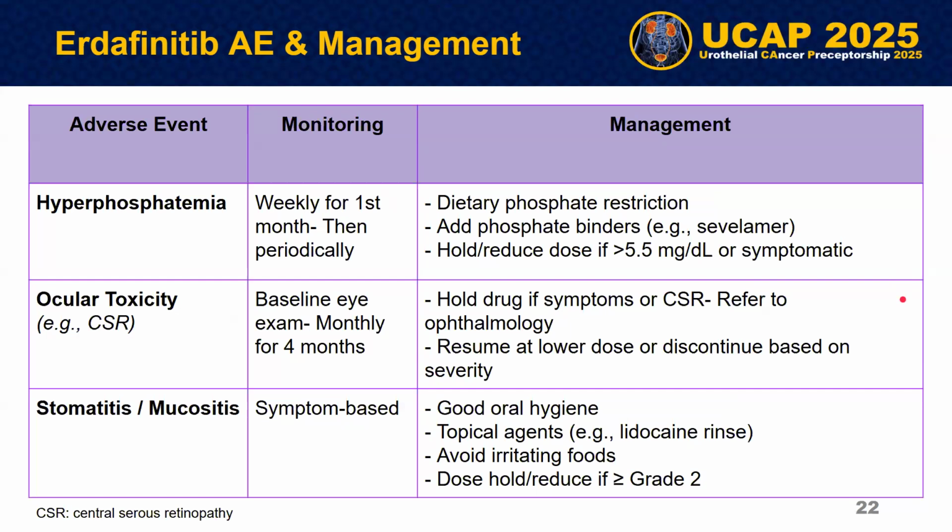Next is ocular toxicity, for example, CSR, central serous retinopathy. These patients will require baseline eye examination and also regular eye examination. And probably you need to refer to ophthalmology if you find this. And you may need to interrupt and also resume at a lower dose or permanently discontinue based on the severity.